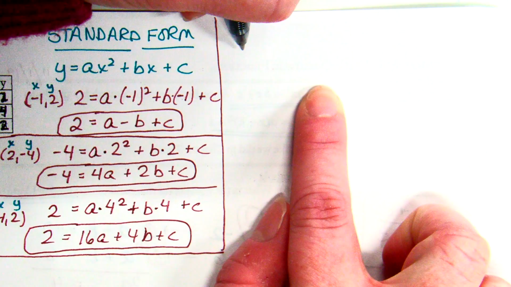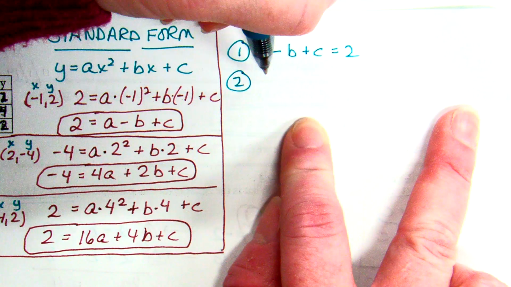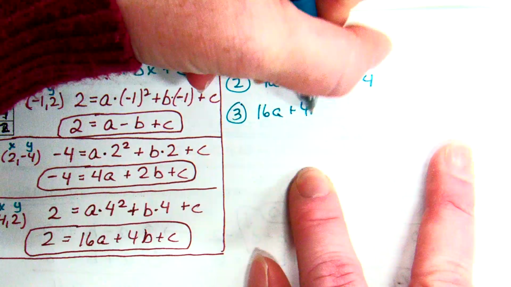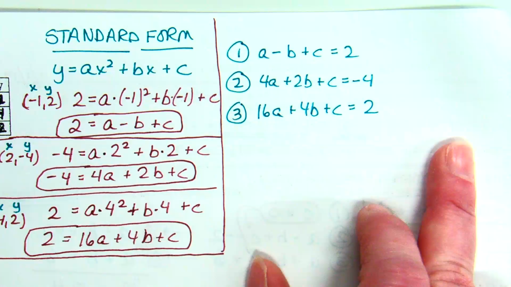Equation 1 is A minus B plus C equals 2. Equation 2 is 4A plus 2B plus C equals -4. Equation 3, 16A plus 4B plus C equals 2.